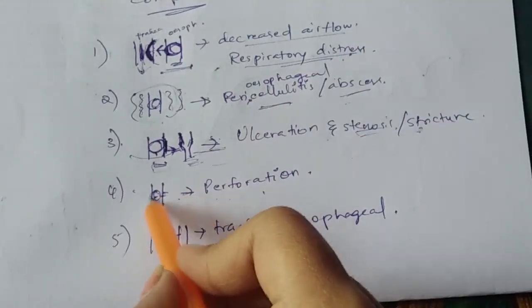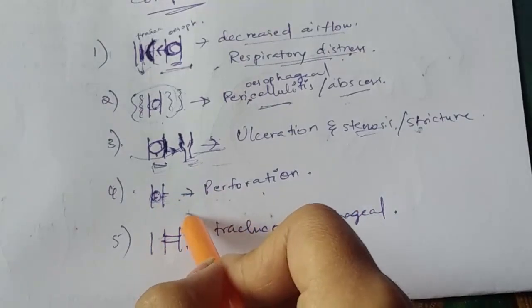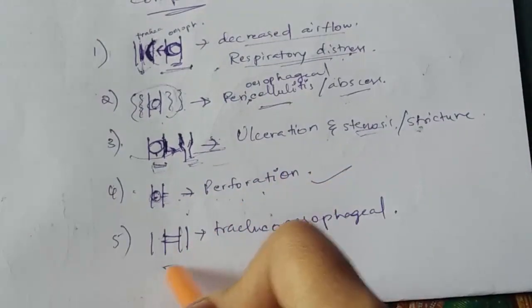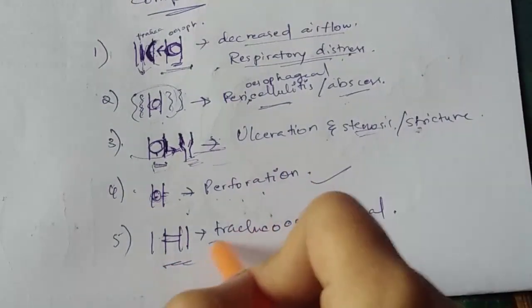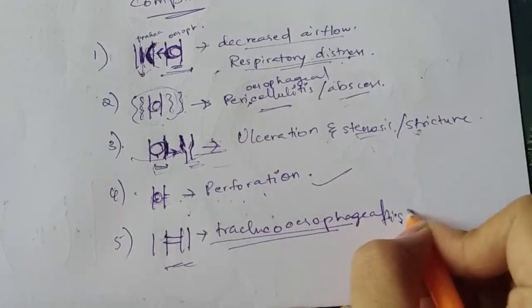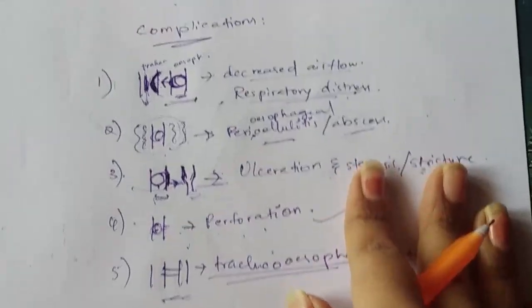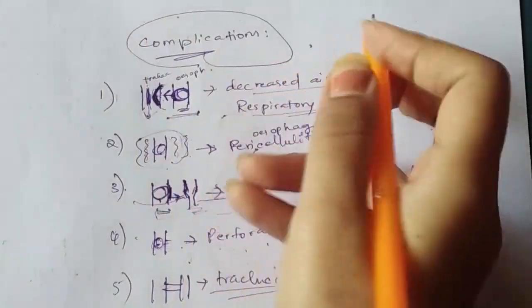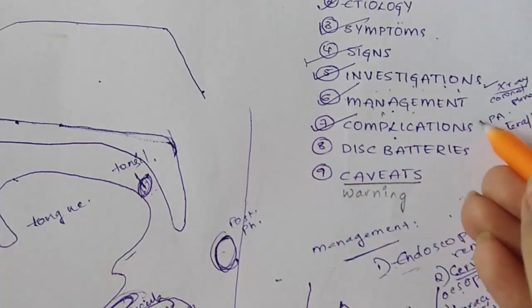And this presence of foreign body can cause perforation in the esophageal wall. And finally and rarely there may be tracheoesophageal fistula. So these are the complications. Now we have completed complications.